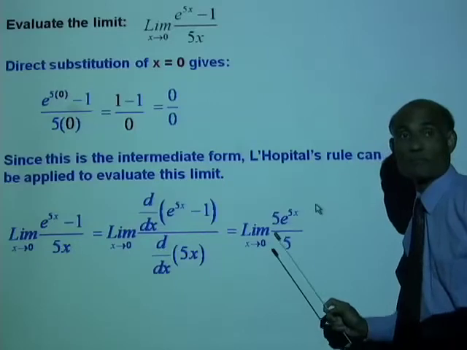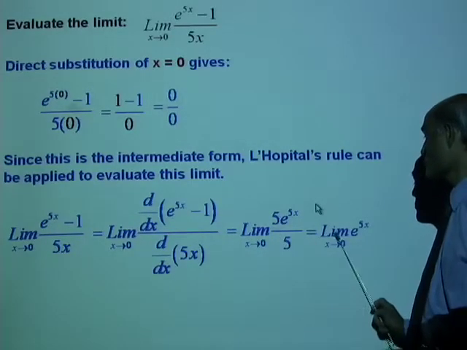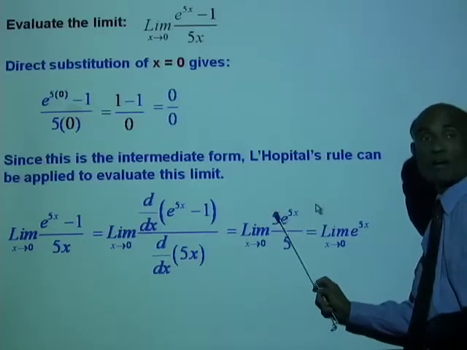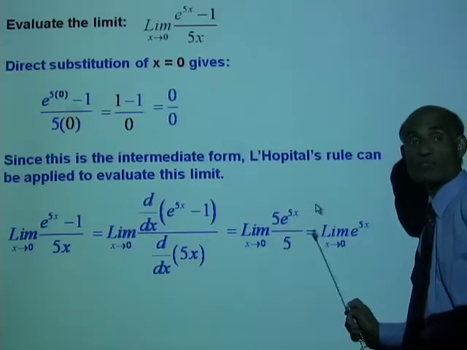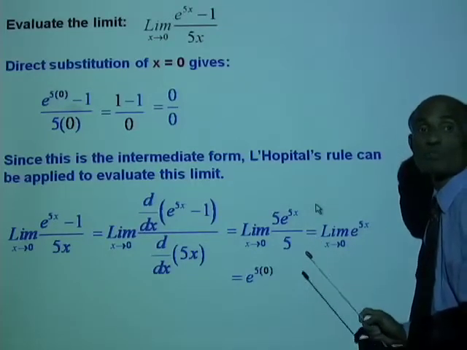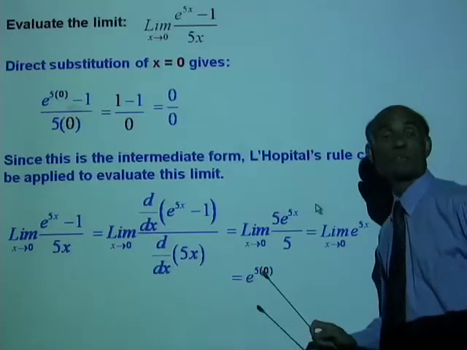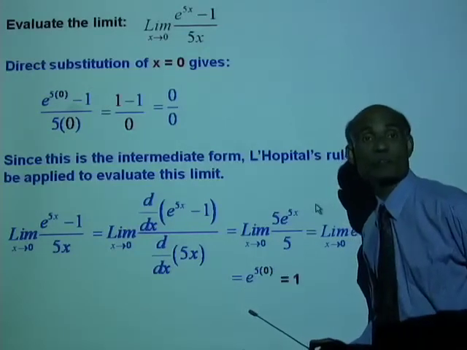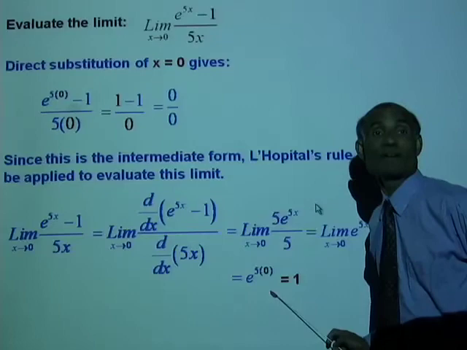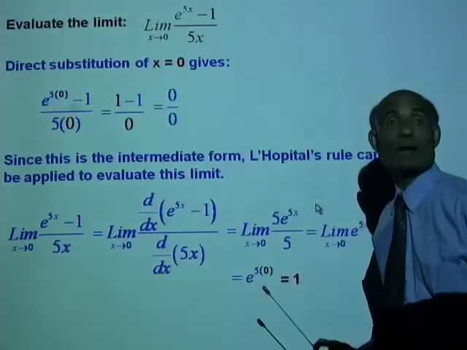That will be the limit as x approaches 0 of e to the power of 5x, because the 5s cancel. Replace x by 0. It gives you e to the power of 5 times 0, that is 1. So the value of this limit is 1.